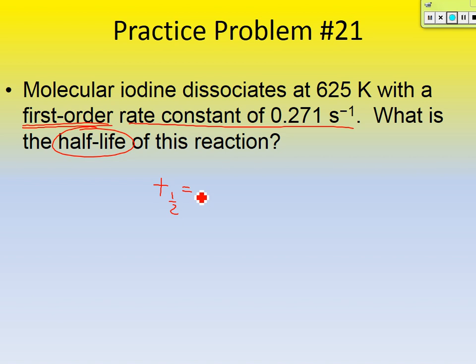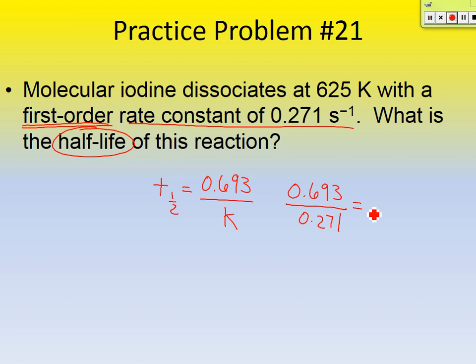The half-life equation is 0.693 divided by the rate constant. And since they told us the rate constant was 0.271, all we have to do is divide 0.693 by 0.271, and you've got your answer.